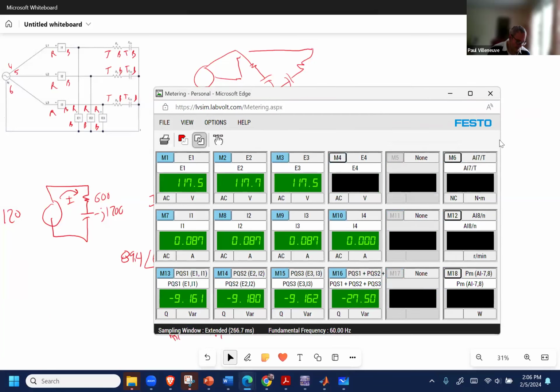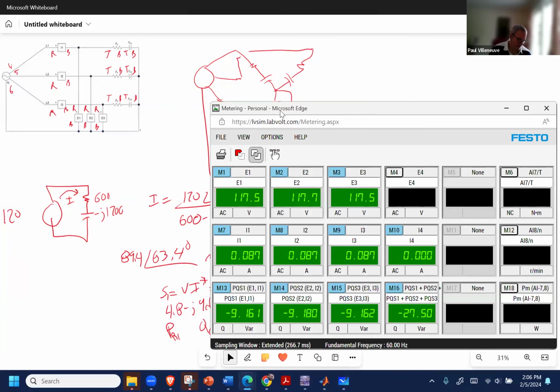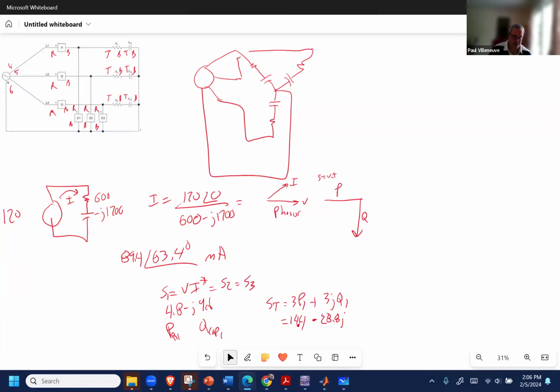Okay, so let's see if I can shrink this. Oh, boy. It just won't allow me to do it. I can do it on a different screen, but that doesn't really help me all that much. So if I can turn off some of the meter settings. Maybe the meter layout.